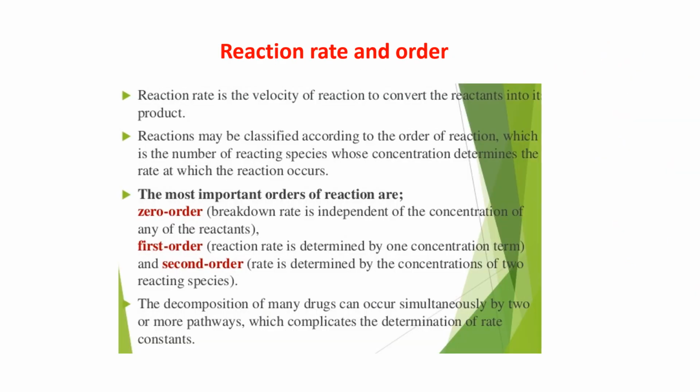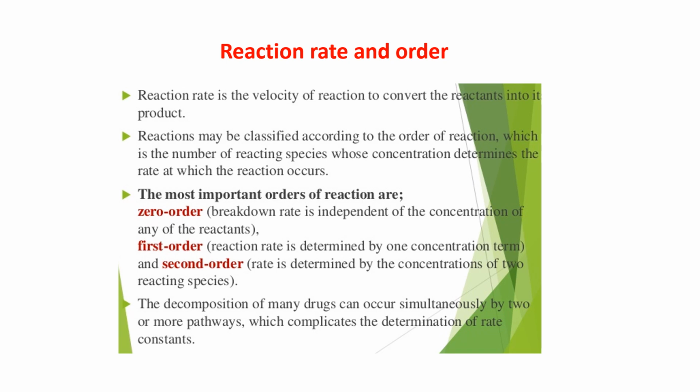What is this? Reaction rate and order. The reaction rate is the velocity of the reaction to convert the reactants into the products. Number 2, reactions may be classified according to the order of a reaction. What order reaction?